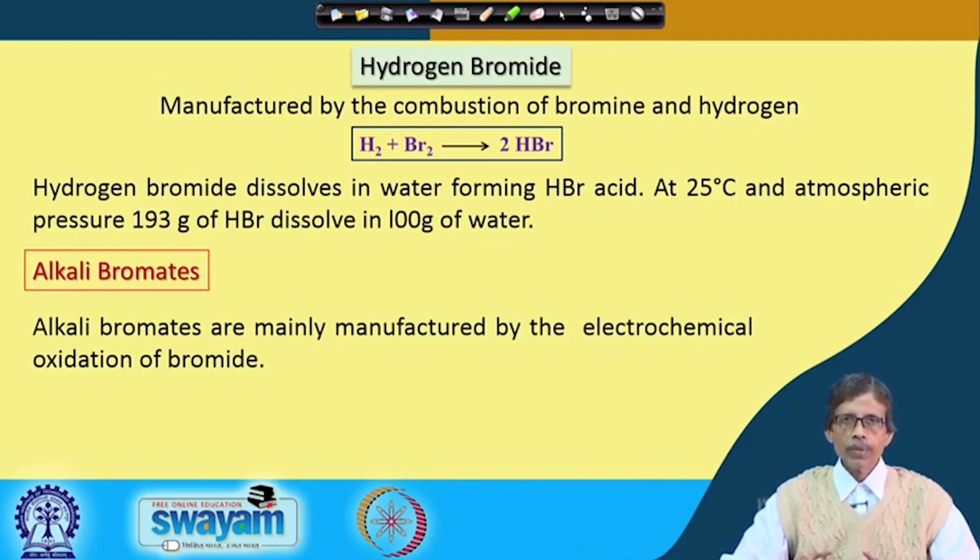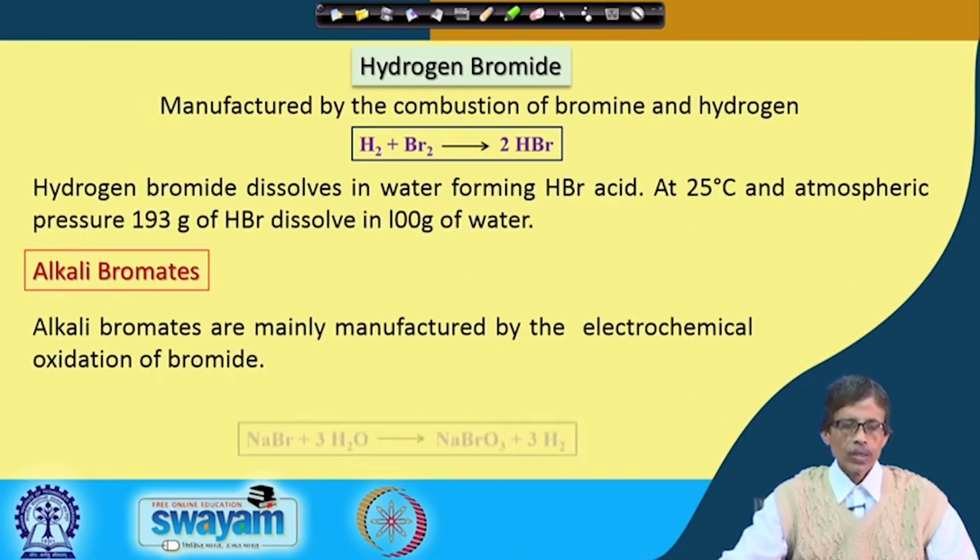Similarly, the bromate salt has the typical anionic part BrO3 minus. These BrO3 minus are electrochemically produced, that means by electrochemical oxidation of bromine as Br2, where the oxidation state is 0. That elemental bromine can be oxidized electrochemically to get the corresponding bromates.